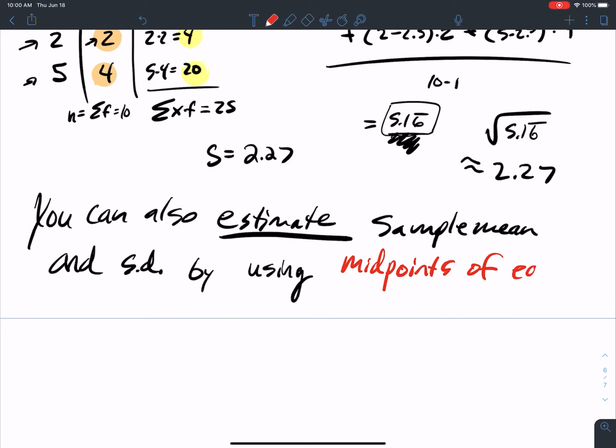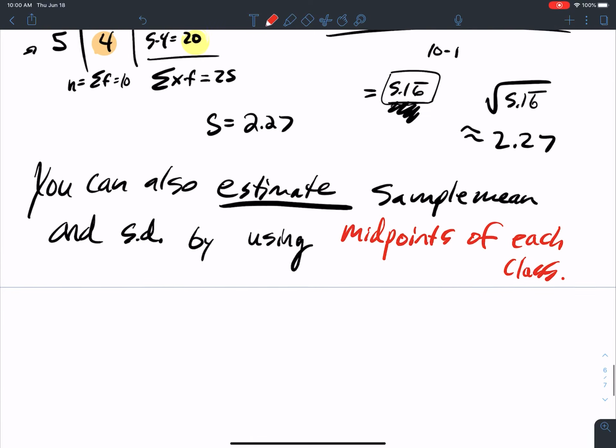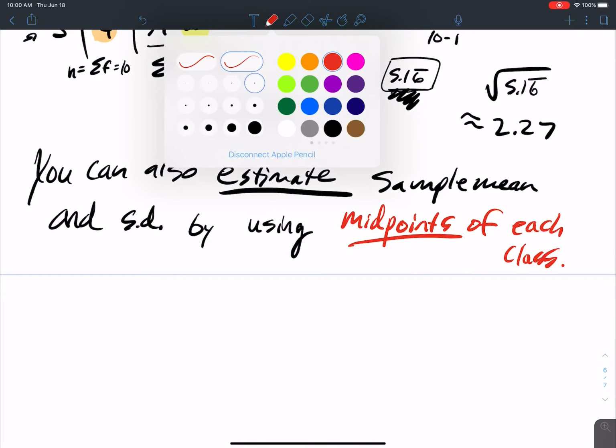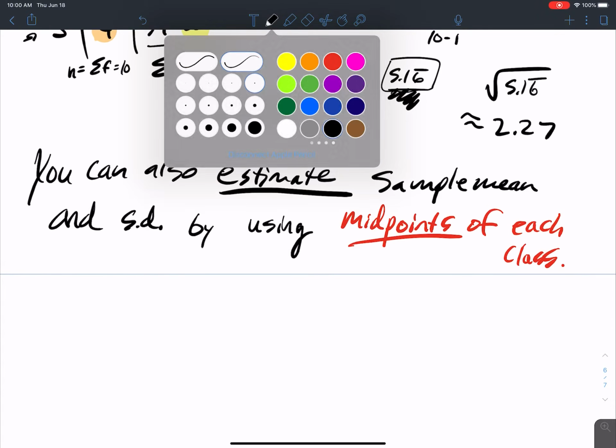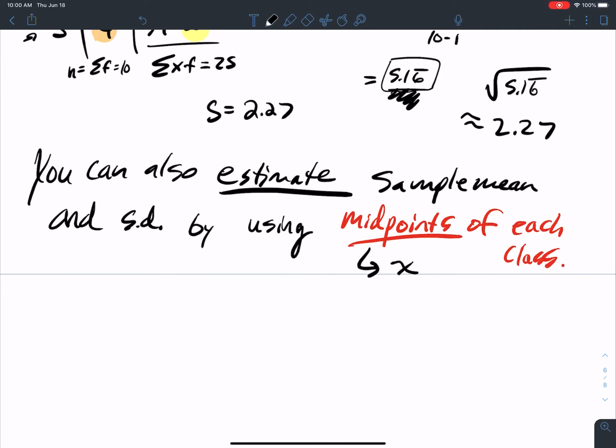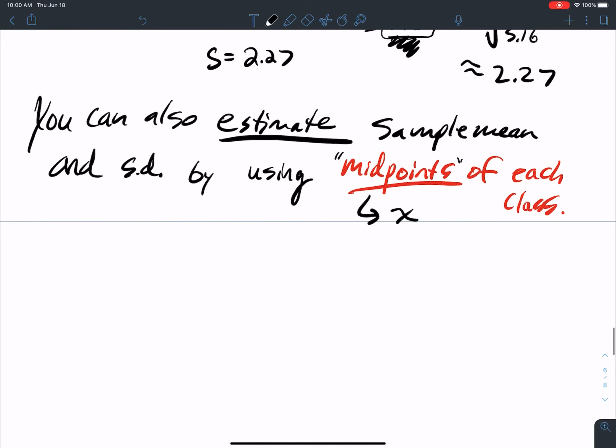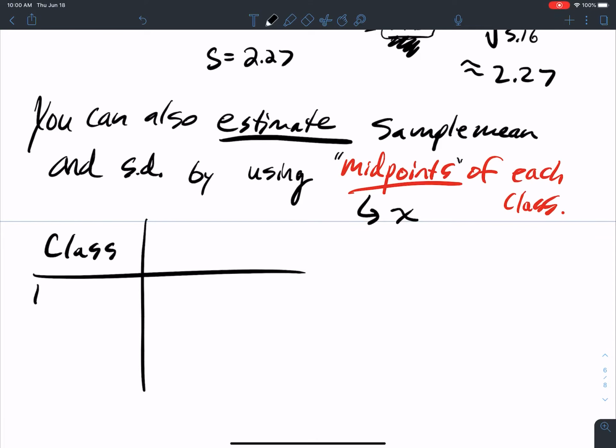Of each class. So say you've got a frequency distribution and we don't have an x value, but what we can do is use the midpoints as our x value. Okay? So say there's a class, right? And it's like 1 to 10, 11 to 20, 21 to 30, 31 to 40.